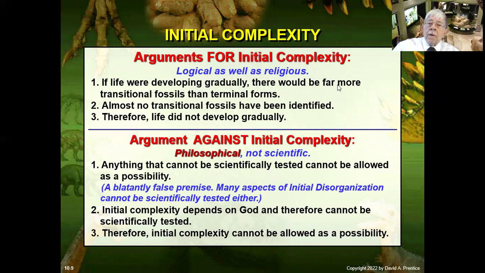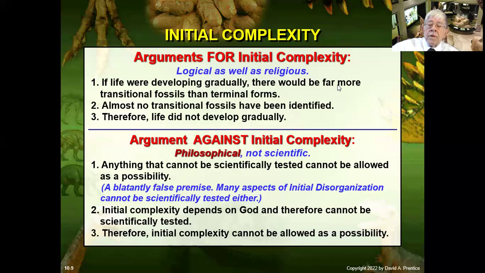If life were developing gradually, according to initial complexity, there would be far more transitional fossils than final forms or terminal forms. However, almost no transitional fossil types have been identified, perhaps a few dozen. So therefore, a logical argument would say that it surely looks like life did not develop gradually.